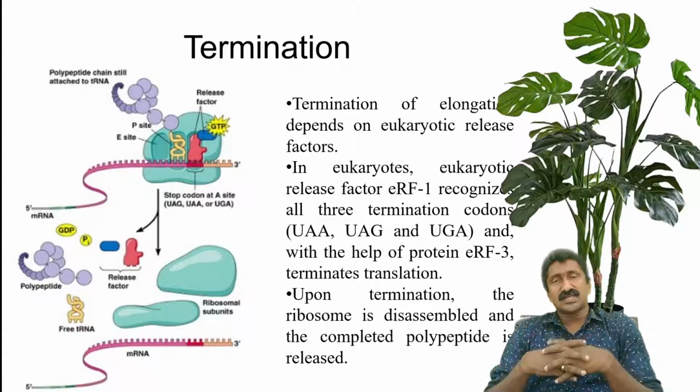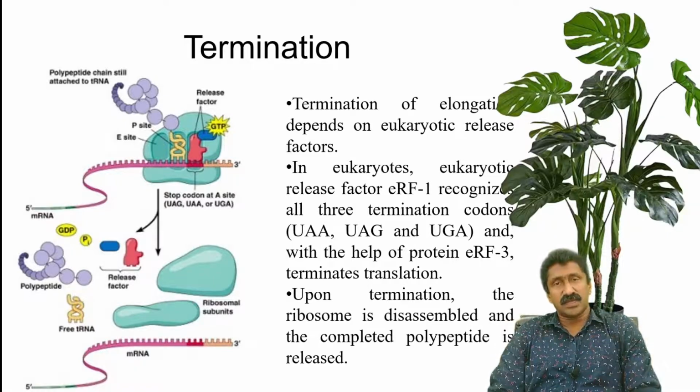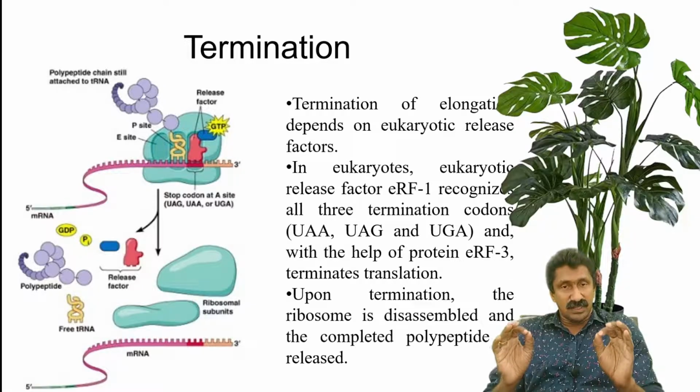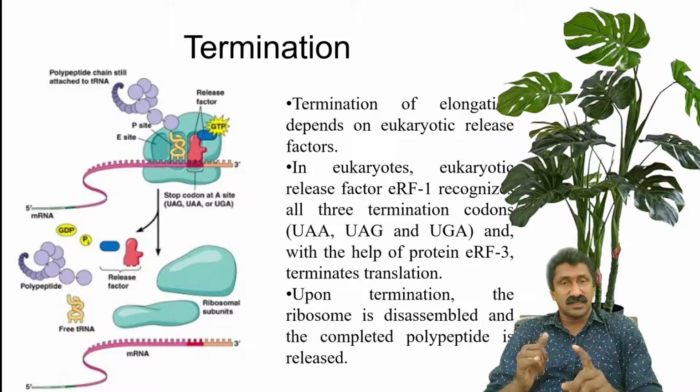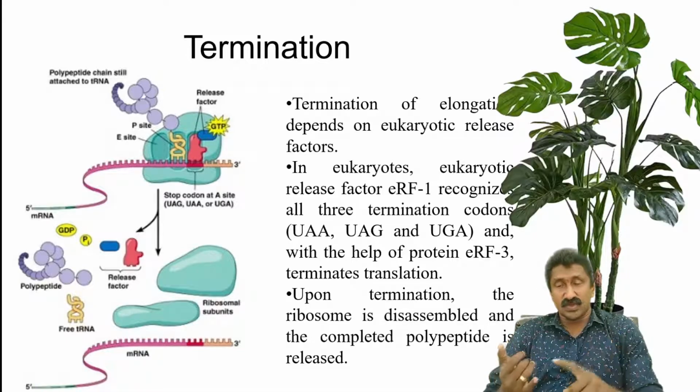So the next stage is the termination stage, and the termination of the elongation depends on eukaryotic release factors. In eukaryotes, the release factor used is eukaryotic release factor 1 or eRF1, which recognizes all three termination codons UAA, UAG and UGA.